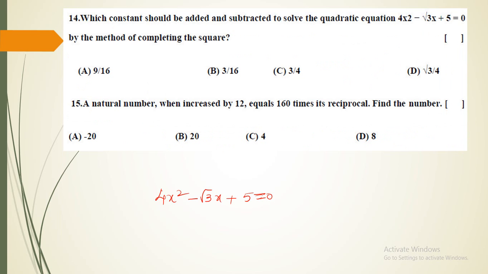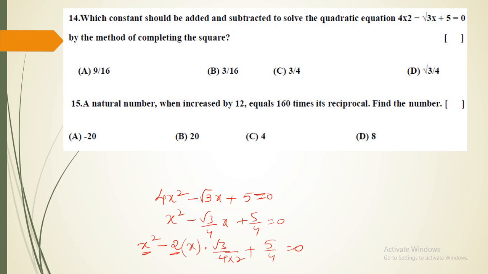First of all, we need to make the x square coefficient 1. So x square minus root 3 by 4 into x plus 5 by 4 is equal to 0. Since we don't have 2 in the numerator, we multiply with 2, and then I need to divide with 2. So it becomes root 3 by 4 into 2 plus 5 by 4 is equal to 0.